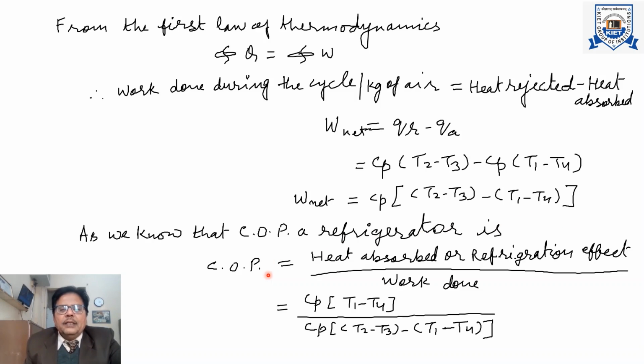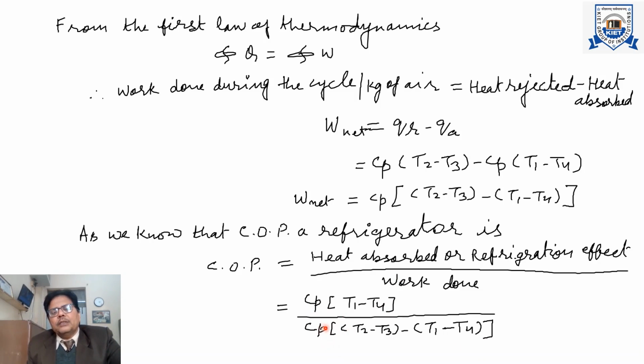As we already know, the COP of a refrigerator is defined as the ratio of refrigeration effect to the work. So we can calculate the COP of this system as the heat absorbed, or refrigeration effect, over the work done. The heat absorbed is Cp (T1 minus T4), and we have calculated the net work as Cp [(T2 minus T3) minus (T1 minus T4)].